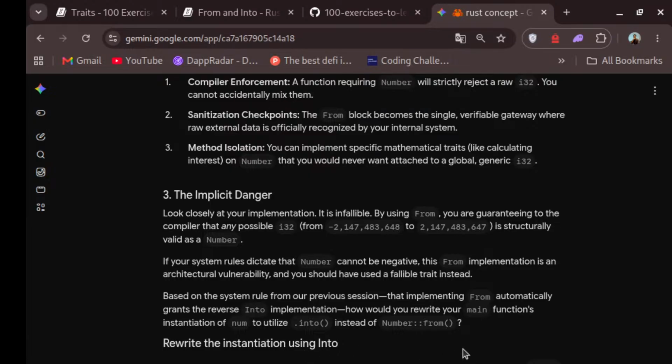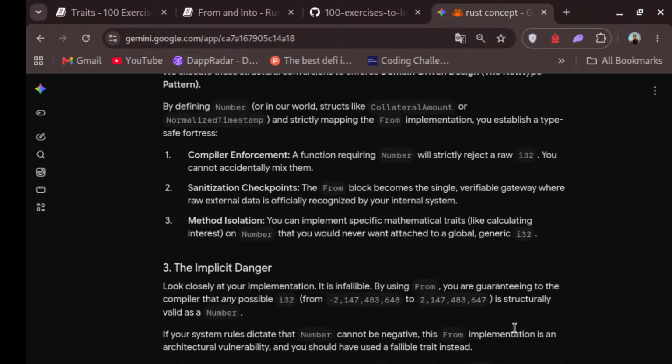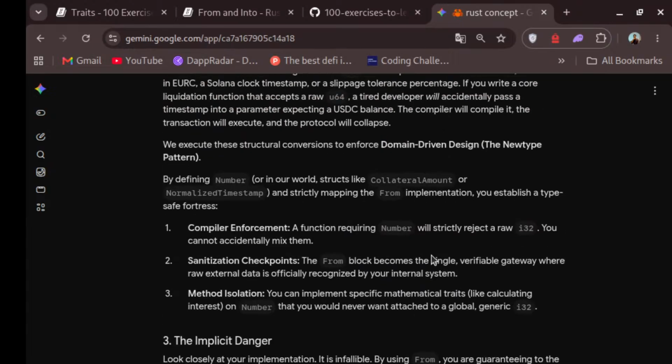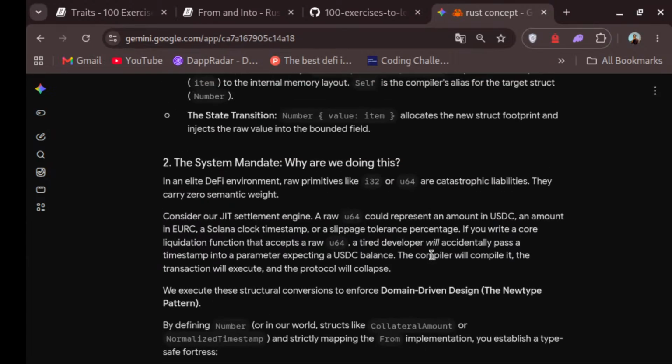How would you write the main function? Okay, so do you understand what they are saying?